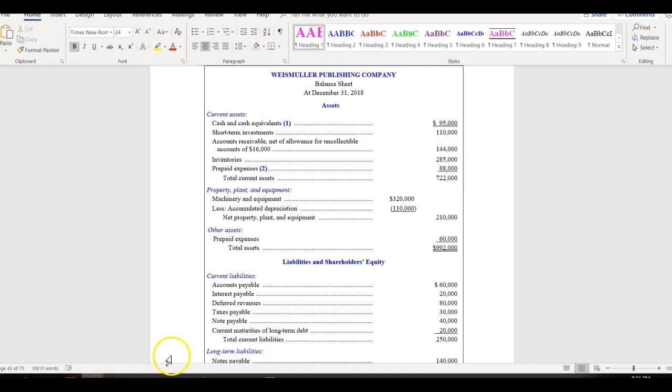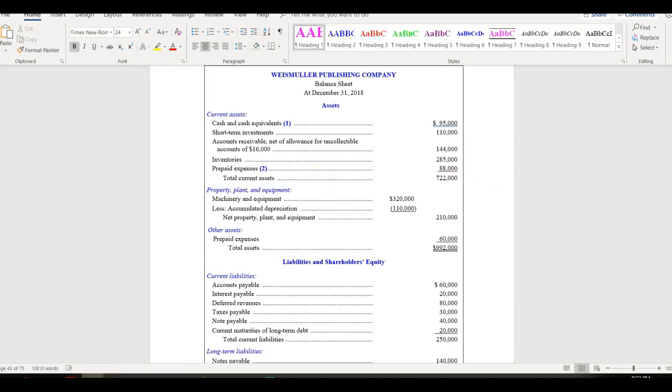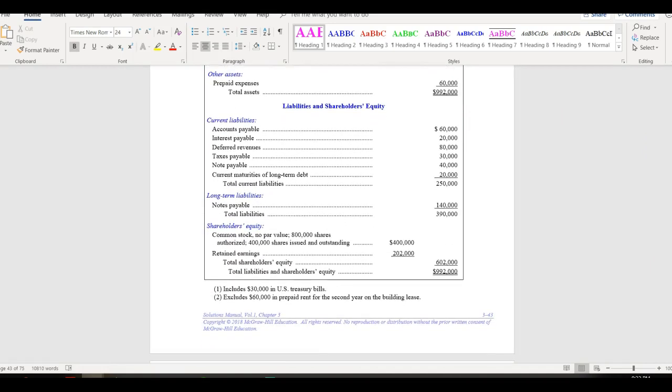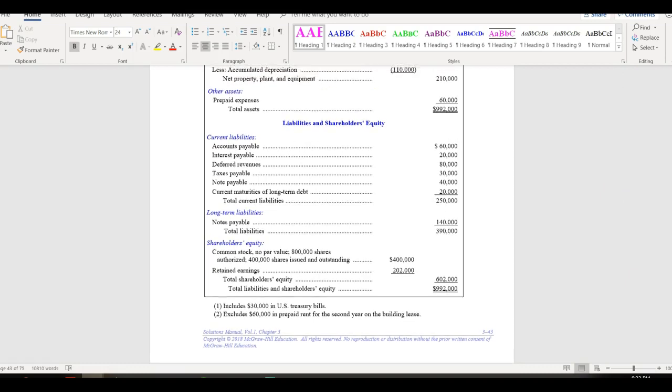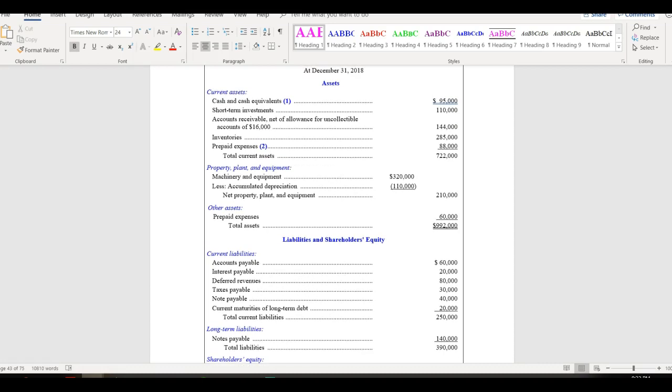Inventories of $285,000, taken right from there. Prepaid expense of $88,000. Now one of the adjustments for that would be it excludes $60,000 in prepaid rent for the second year on the building lease. So we have our total current assets to show $722,000.